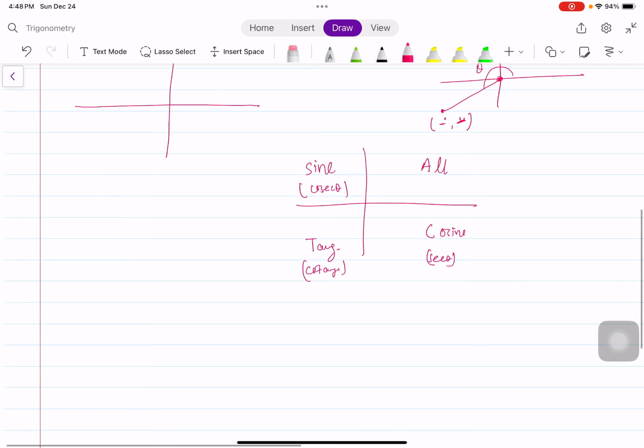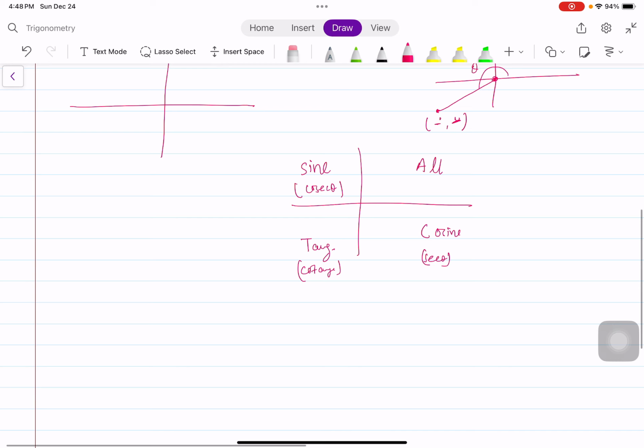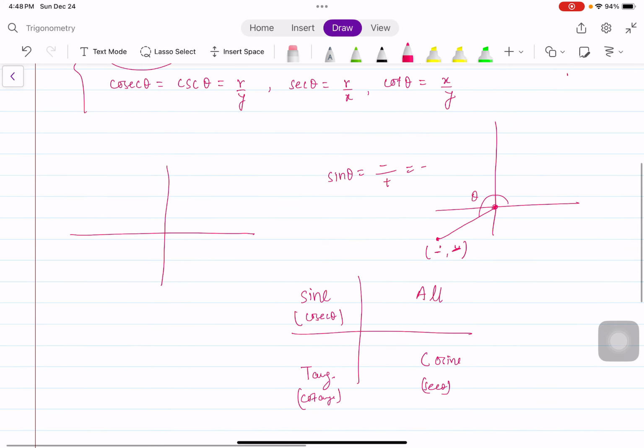And some people have a slightly different abbreviation. They say: All Students Take Calculus. So this is a pre-calculus course, so let's say calculus. So all students take calculus.